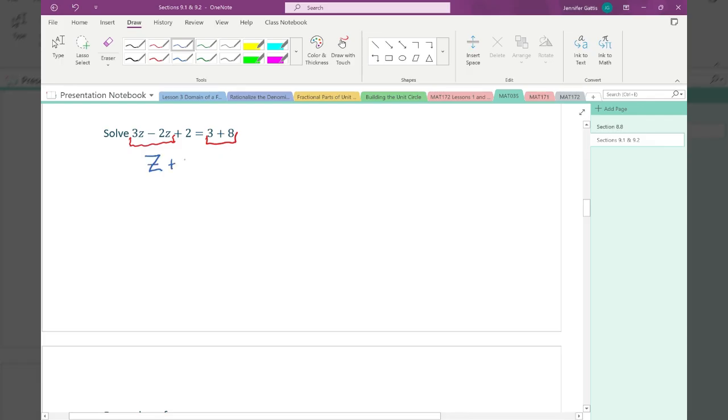We have plus 2. And then 3 plus 8 is 11. And now we're ready to go on to the next step of adding the opposite of our b value to both sides. Well, in this case, our b value is positive 2. So we're going to add negative 2, or another way to think about that, just subtract 2 from both sides. That zeroes this out on the left and gives us z is equal to 9.